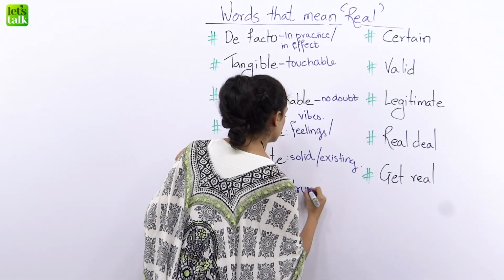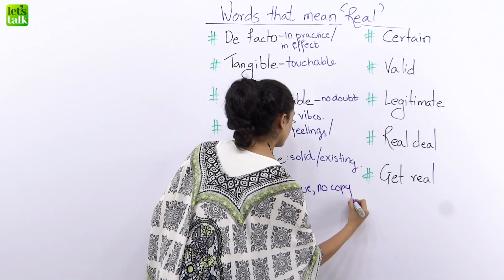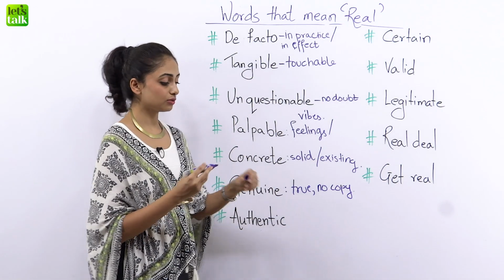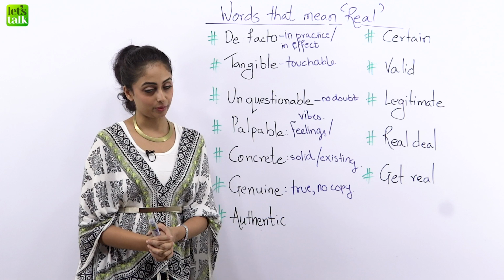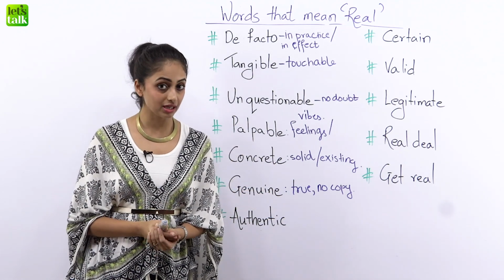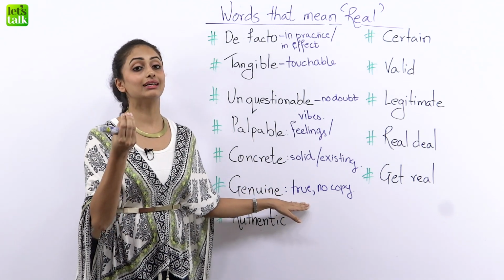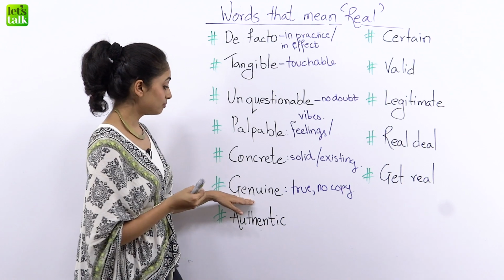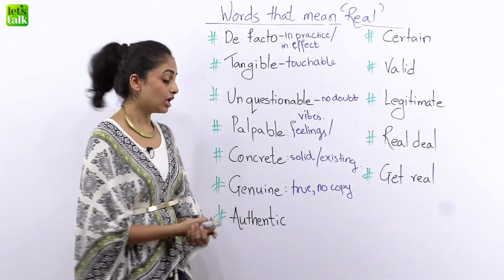True. No copy. Right? Which is absolutely true, the one and only without another copy. You might have heard this, genuine leather, right? That means it's true, it's the real leather, okay? Genuine truth, genuine human being, right?